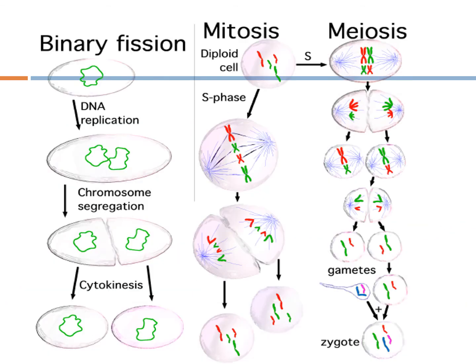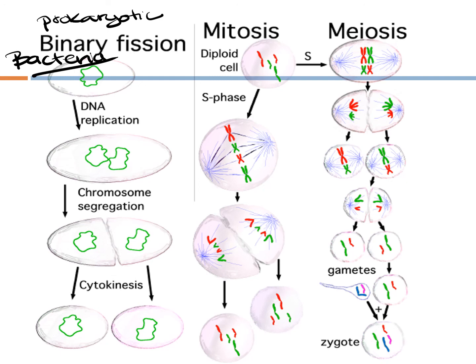Okay, so super fast, let's go ahead and compare binary fission to mitosis and meiosis. Binary fission, remember this is prokaryotic. So who is it that we're talking about? Prokaryotic bacteria. All right, this is how bacteria reproduce.